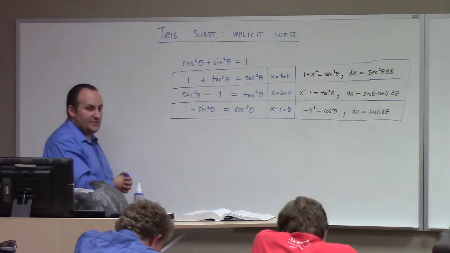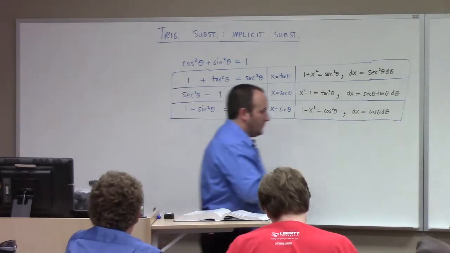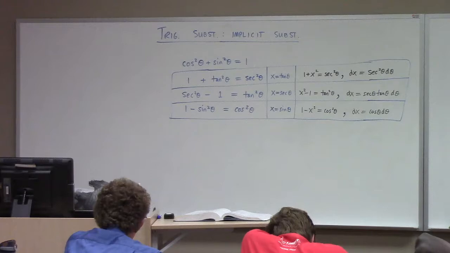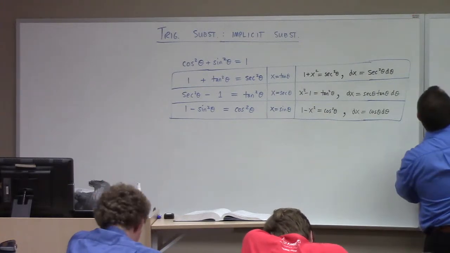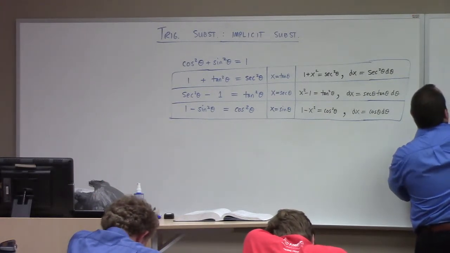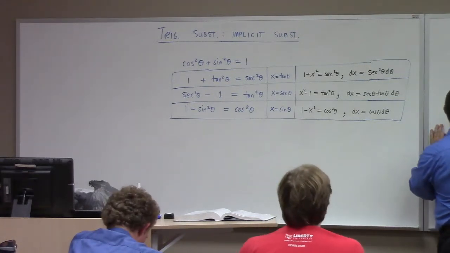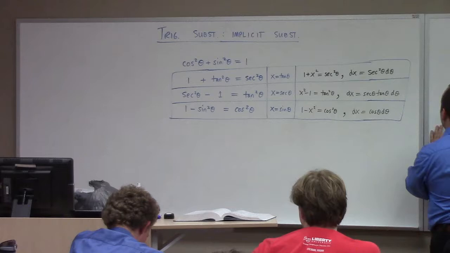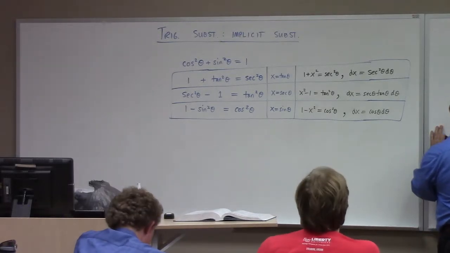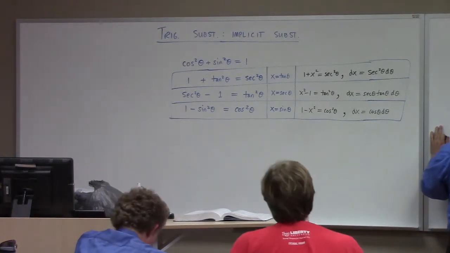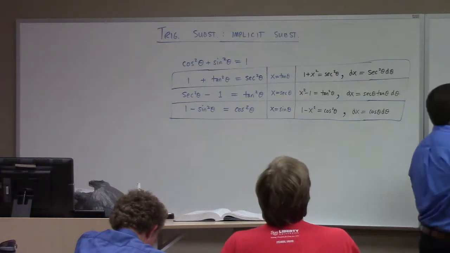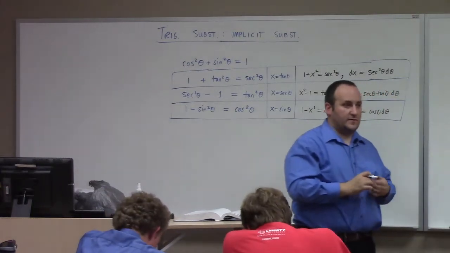Let me show you how this helps. So here's a standard example, really the first example anyone should see about trig substitution. Integral of the square root of 1 minus x squared dx. So let me just run down the list for you.